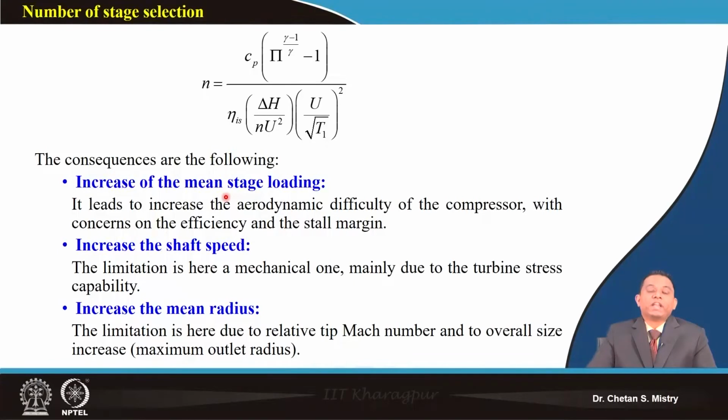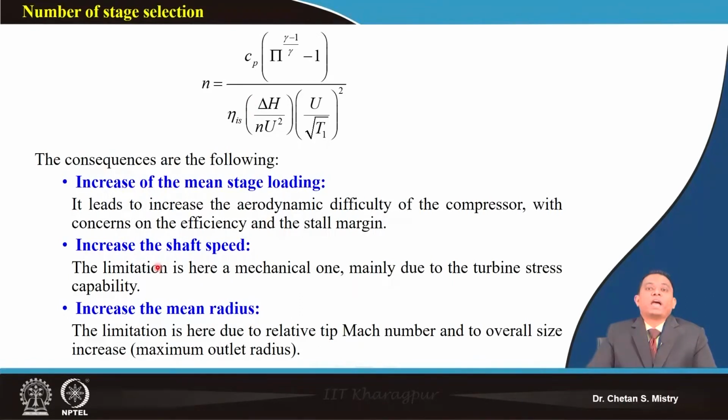When we increase our stage loading, my per stage pressure rise expectation will be very high, and that may lead to my delta beta being large. And when this is the situation, there are chances for my flow to get separated. That's the reason why higher loading is one of the major concerns.